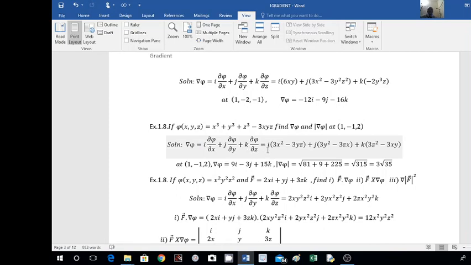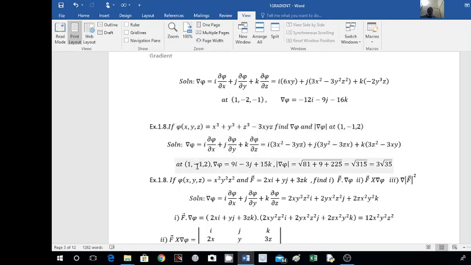Then i into ∂φ/∂x, the differentiation with respect to x, gives 3x² minus 3yz, plus j into ∂φ/∂y, which is 3y² minus 3xz, plus k into ∂φ/∂z, differentiating partially with respect to z, which is 3z² minus 3xy. Okay, this is our ∇φ.